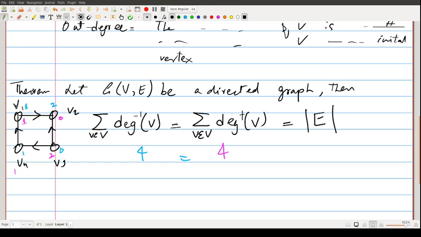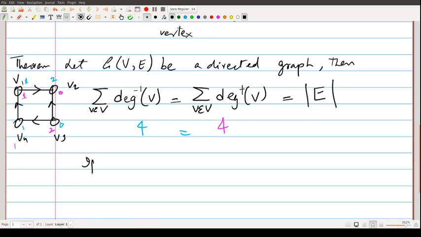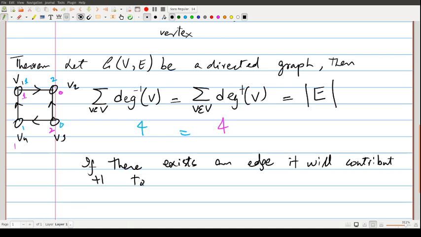And that's easy to see, it's a simple argument. If there exists an edge, it will contribute +1 to the in degree of some vertex Vi and the out degree of some vertex Vj. It can be the same vertex as well if it's a loop coming back into itself.